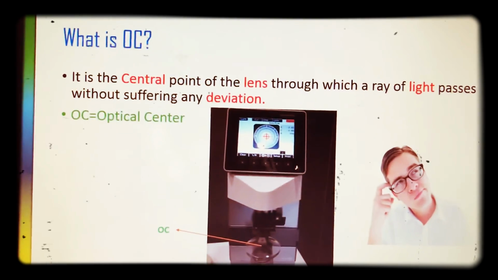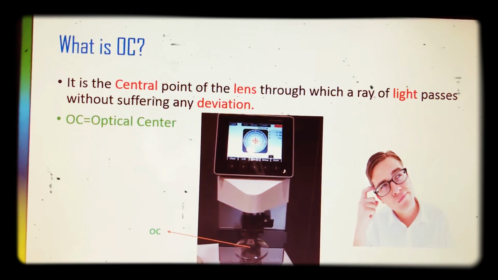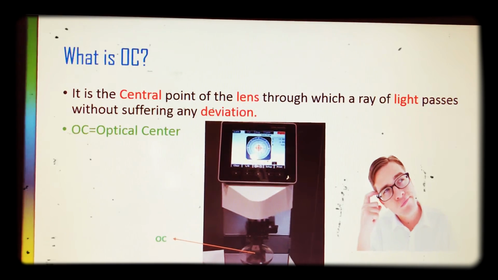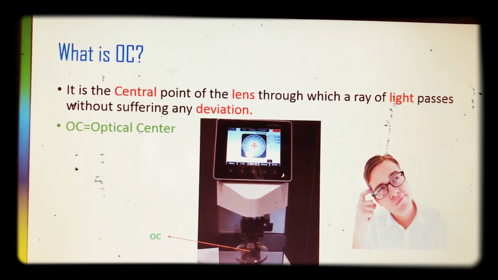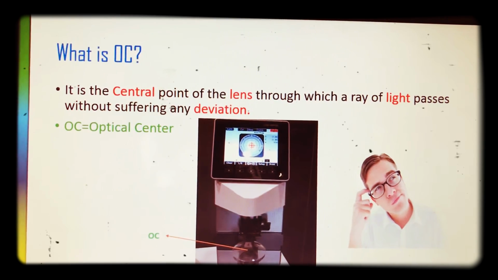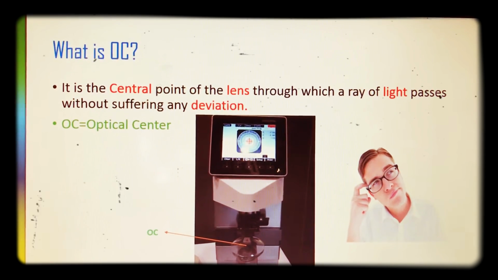Right? So OC is nothing but the optical center. The name itself says optical center. That means the center of the lens is known as the optical center. It is the central point of the lenses through which a ray of light passes without suffering any deviation.